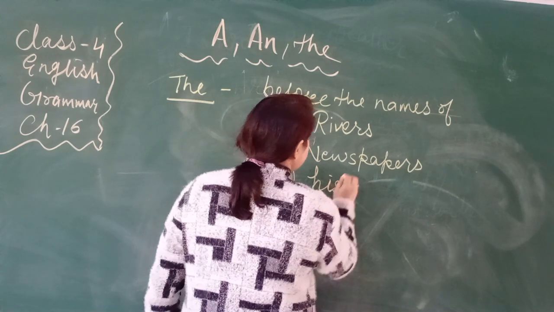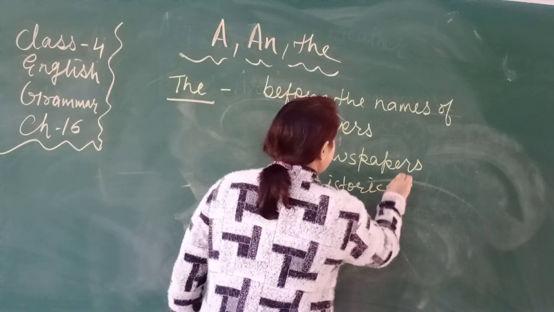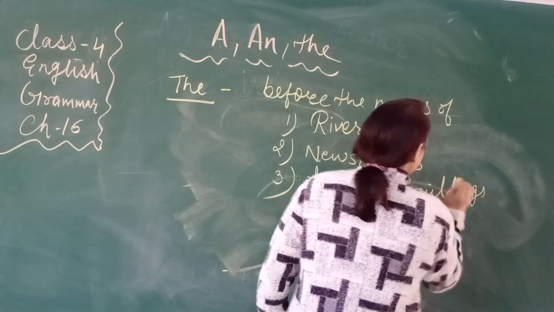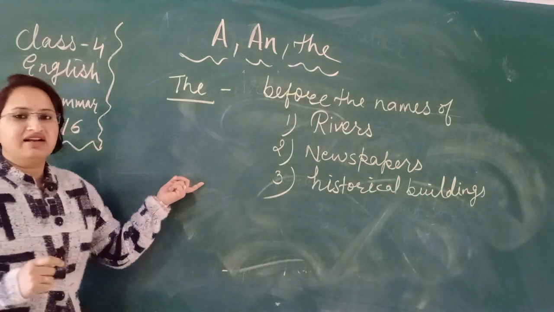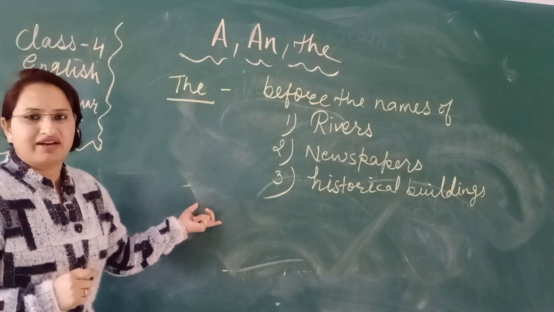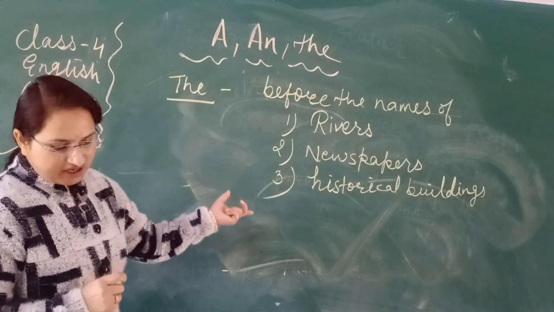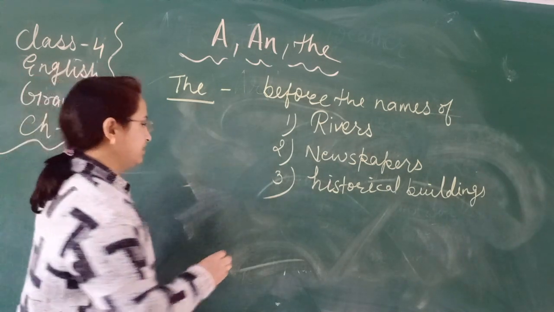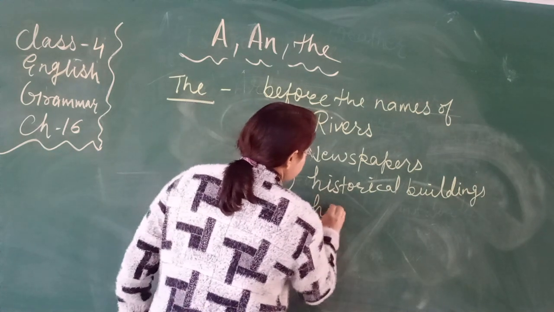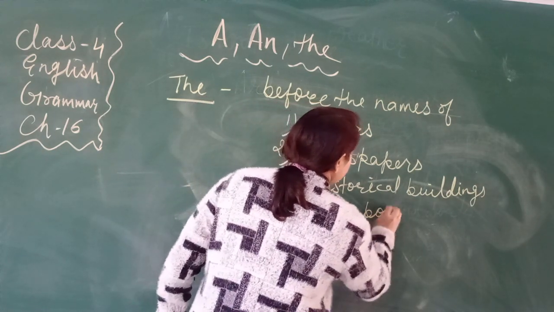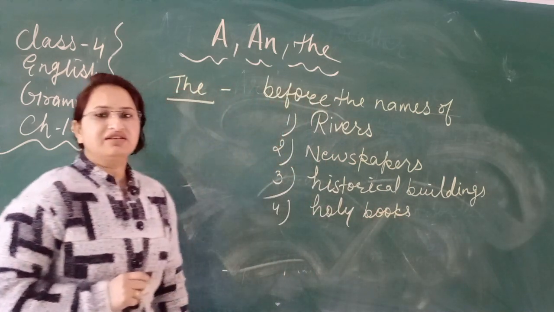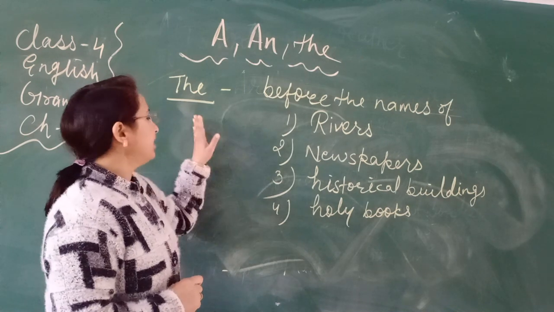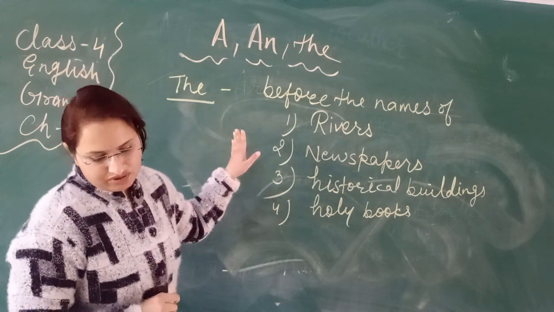Historical buildings, के पहले क्या आएगा? द ताजमहल, द कुतुब मीनार. सो जितनी भी हिस्टोरिकल बिल्डिंग्स हैं उनके पहले भी क्या आएगा? आर्टिकल द. नेक्स्ट इज हॉली बुक्स, द गीता, द कुरान. हॉली बुक्स जितनी भी हैं उनके आगे आर्टिकल द का यूज होगा.